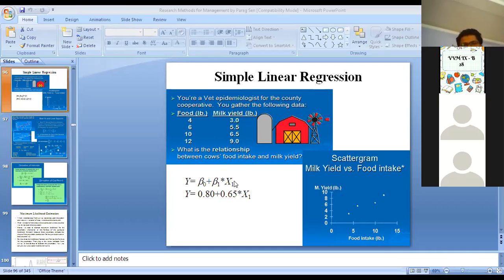So that's why you are also unable to find out the error terms. Okay, so this is the fundamental thing of the simple linear regression.